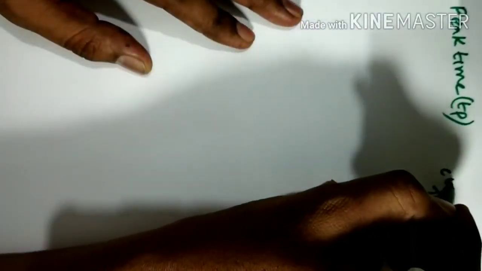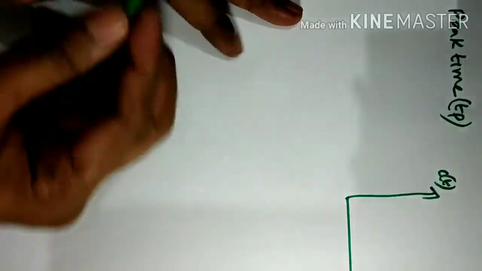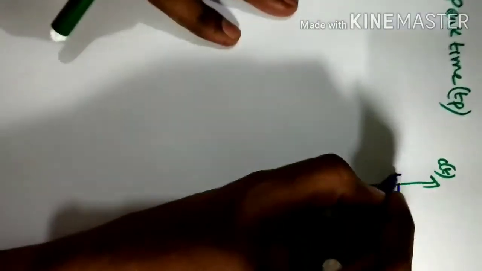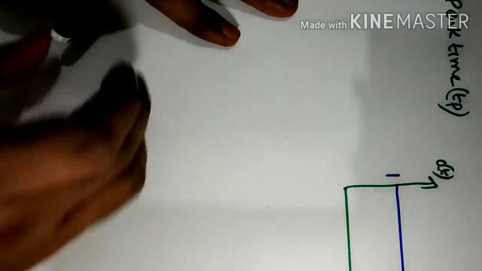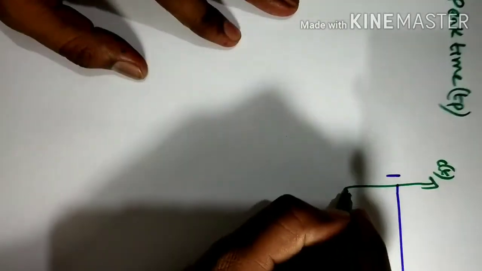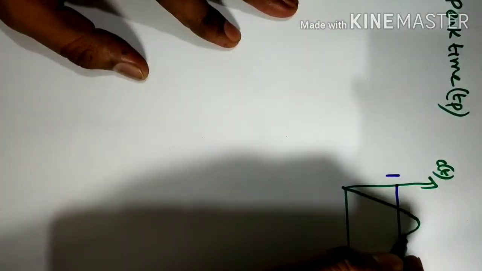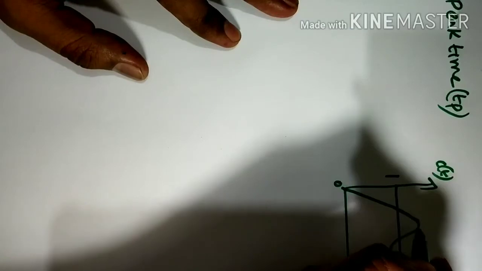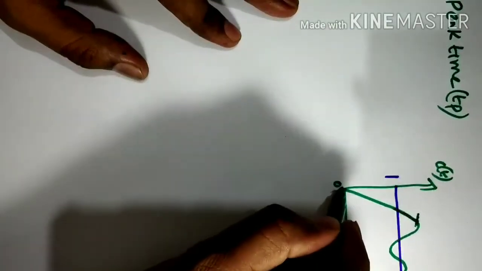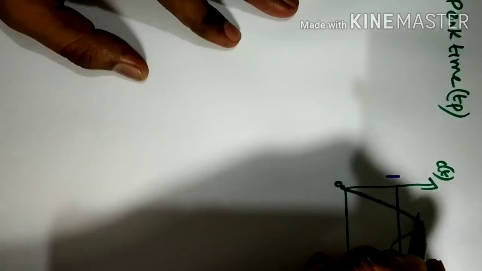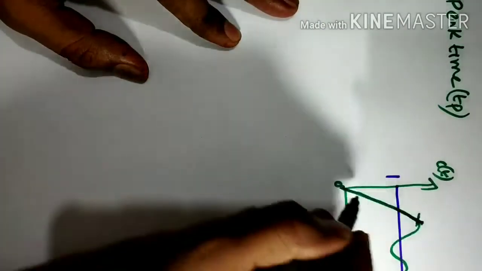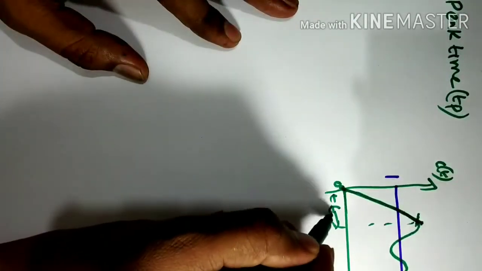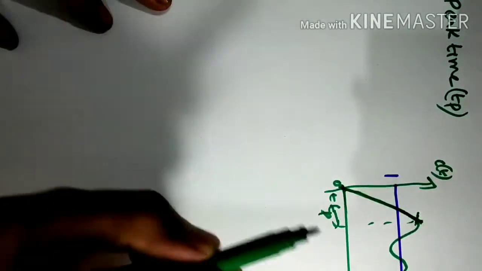This is c of t, the output, against time. This is a unit step signal. You see your response, it is reaching from this point to this point, which is called the peak time. So we are going to derive the expression for the peak time.